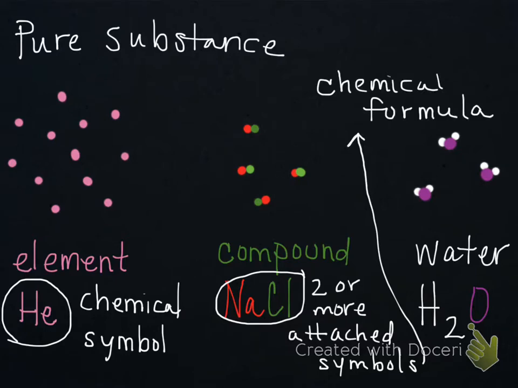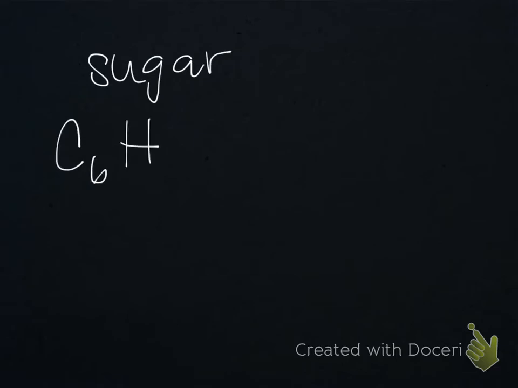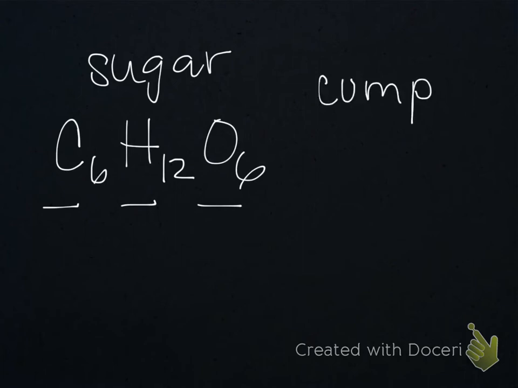And you can see water has a capital H and a capital O. And if we looked at sugar, it has C6H12O6. So it has three elements that are chemically combined together. And we know this because we have three capital letters. So that's another way to figure out if it's a compound versus an element.